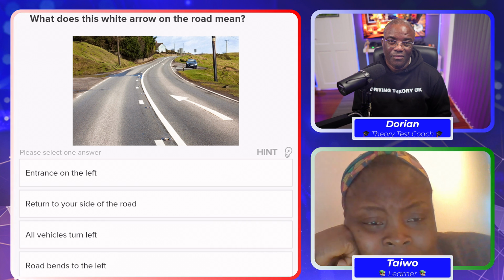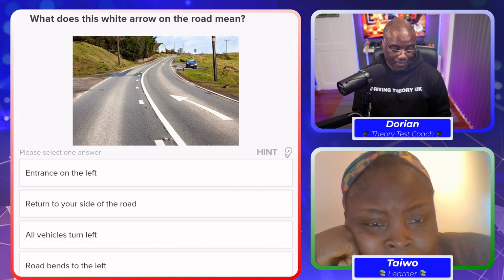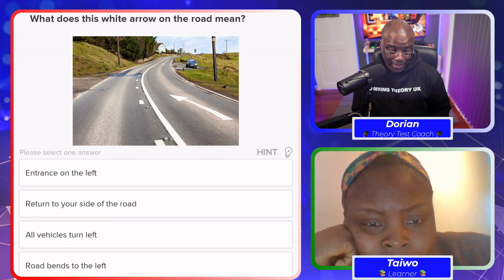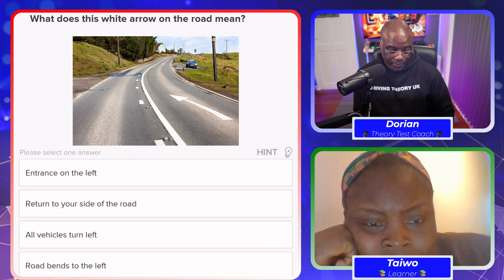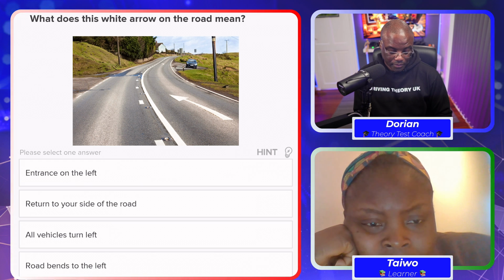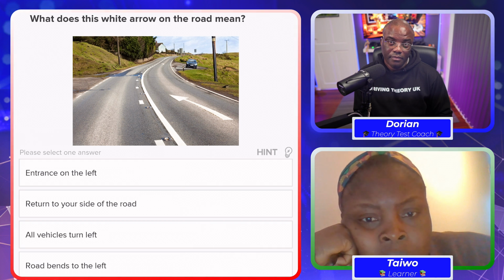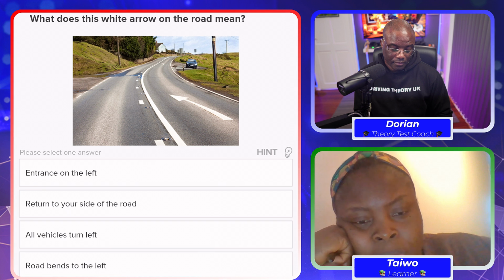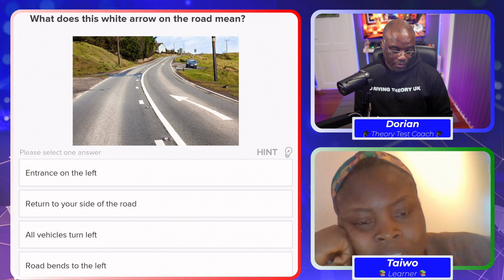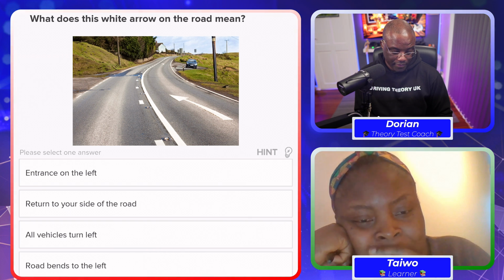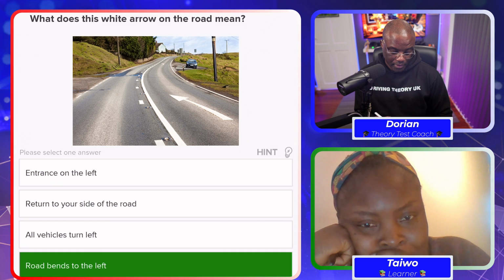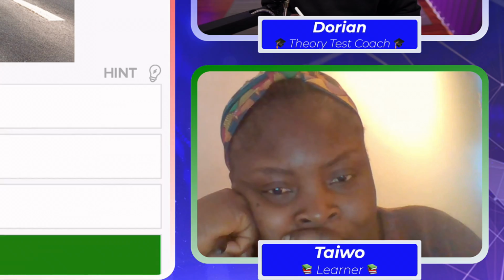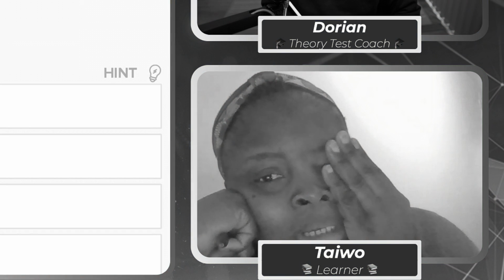Between C and D, I'm going for entrance on the left. Ah, okay. The road bends to the left. I'm going to take a risk for this one, even if my mind is telling me the road bends to the left. Okay, I'm going to flag that one.